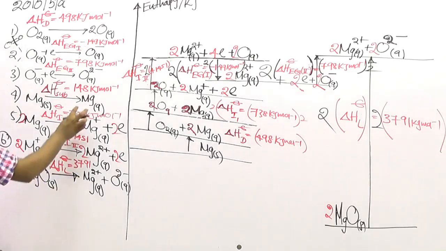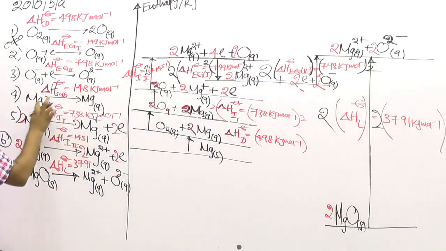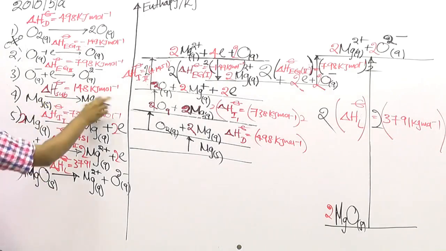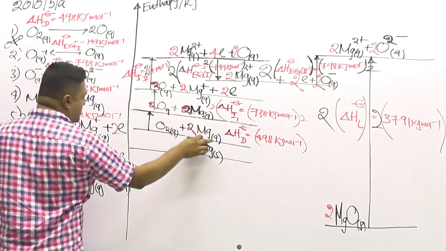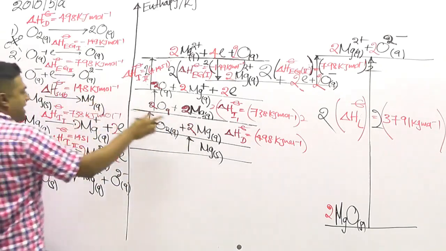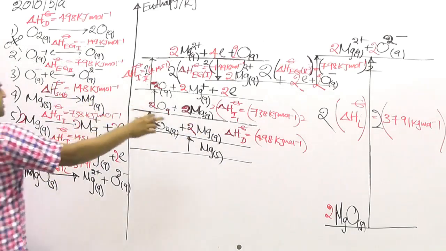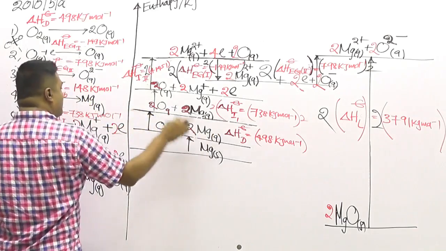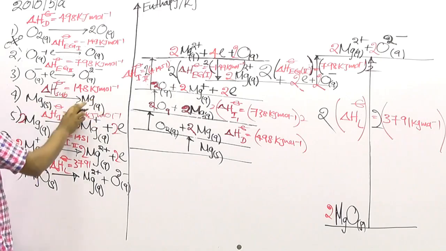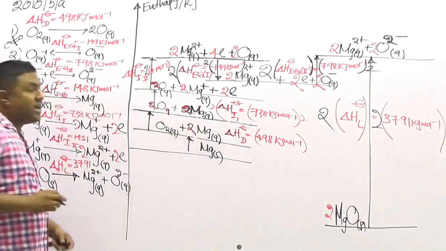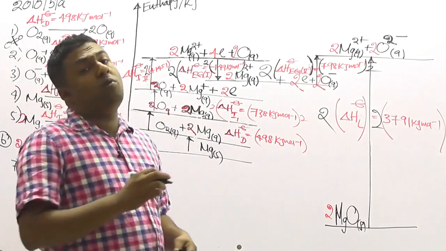Right? It is produced from Mg solid, and 1 mole of Mg gas is produced. To produce 1 mole of Mg gas, you need 1 mole of Mg solid, but here you need 2 moles of Mg gas.